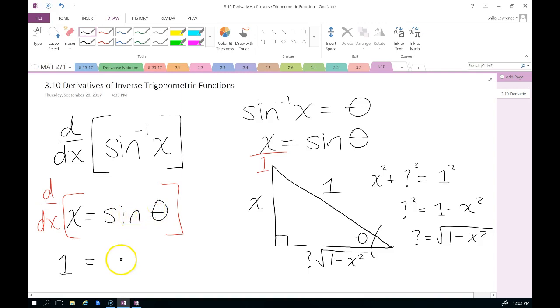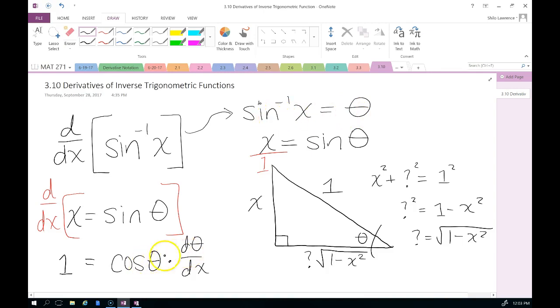It's going to be cosine theta times the derivative of the inside, which is d theta dx. Now d theta dx is what we're trying to figure out.